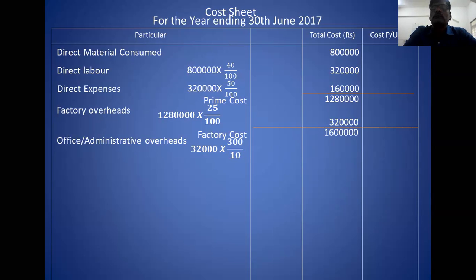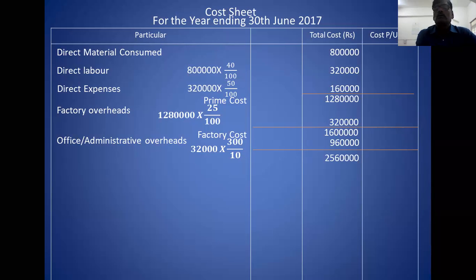Unit sold is 32,800. Add 800, 33,600, minus opening stock 1,600. That is 32,000 units produced. 300 is for every 10 units. Therefore, 300 divided by 10, its amount is 9,60,000. 9,60,000 is the administrative overhead.